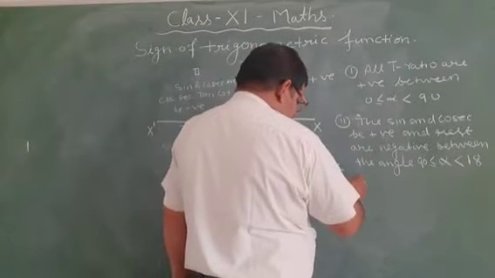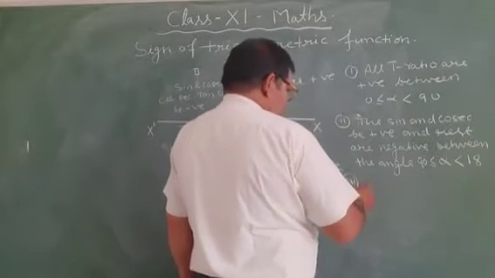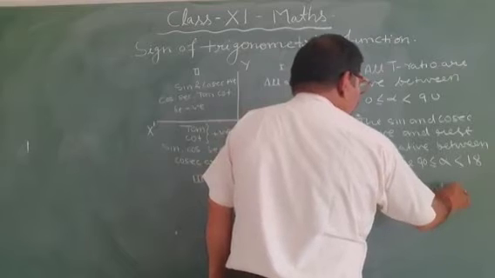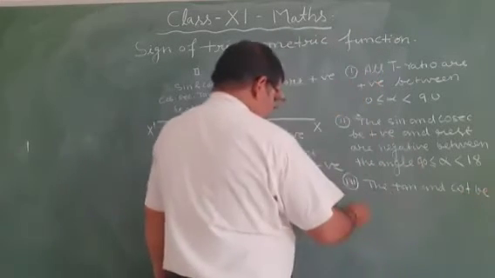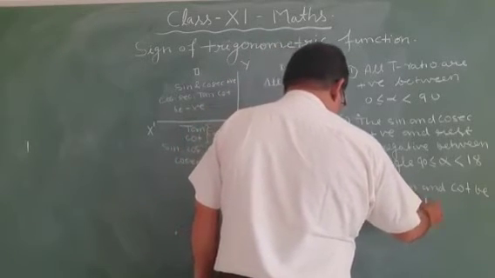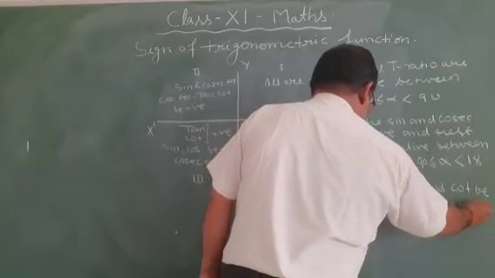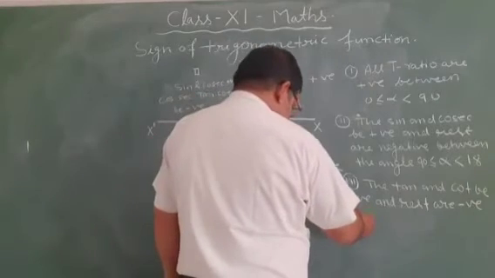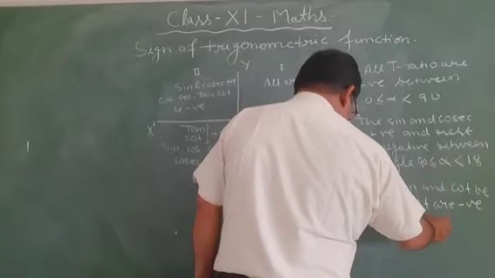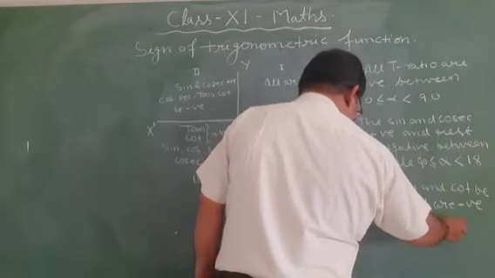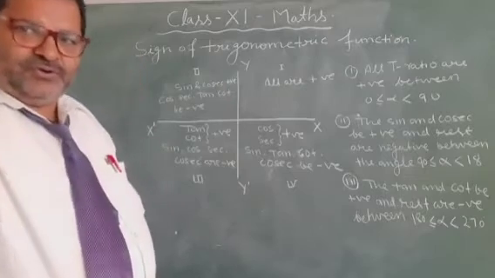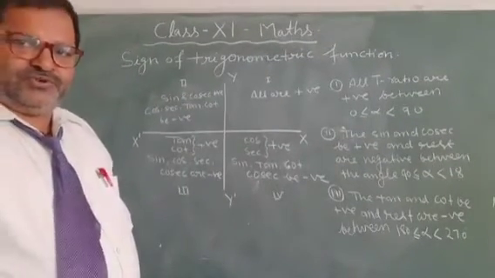And the third, the tan and cot be positive and rest are negative between alpha 180 to 270.